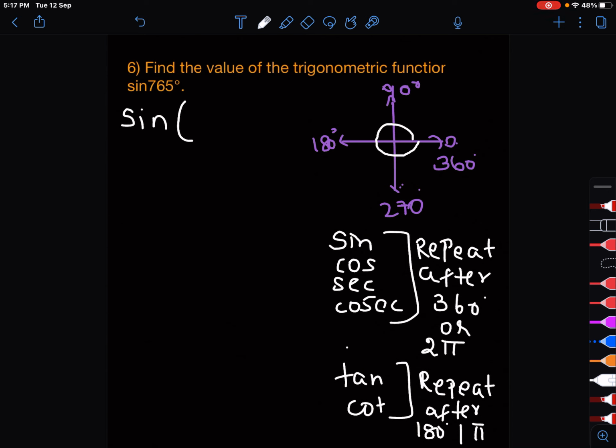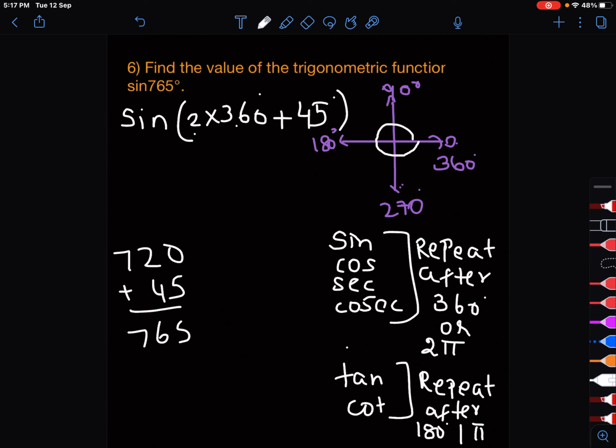Here what we are getting is 2 into 360 plus how many we have to add so that we get 765. So plus 45 degree. I'll just write it in rough. 360 into 2 is 720, plus 45 we will be getting 765. So we are adding 45.